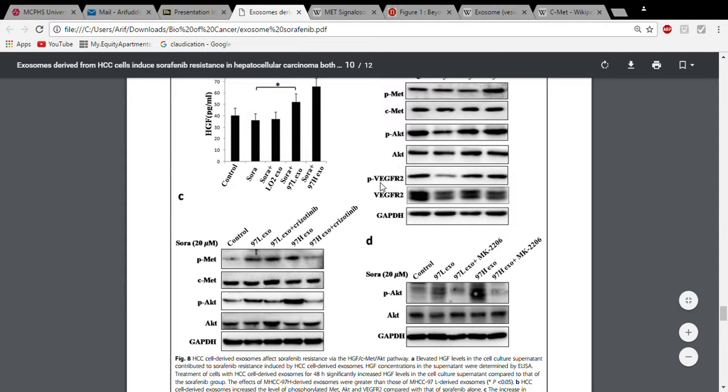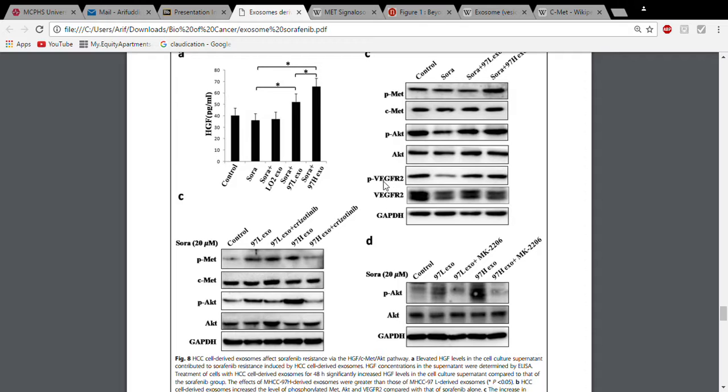Over here, though, you can see the vascular endothelial growth factor receptor, VEGFR, phosphorylated VEGFR, is increased in the presence of the two exosomes also. And this relates to a point they made earlier in the paper, where they showed that the exosomes were helping angiogenesis and tumor growth through VEGFR2.